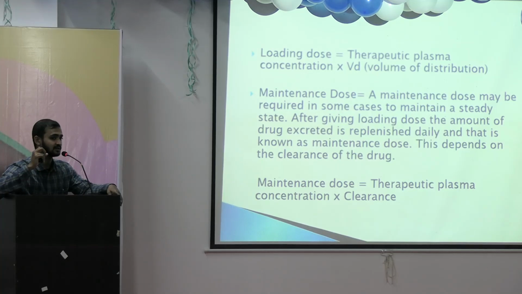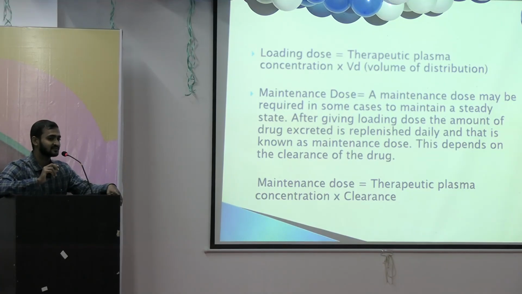The primary one releases fast. It releases a certain level in the plasma, and a concentration is produced. When it reaches that concentration, the next level of the drug is released, and then it is released slowly, and the concentration is maintained.